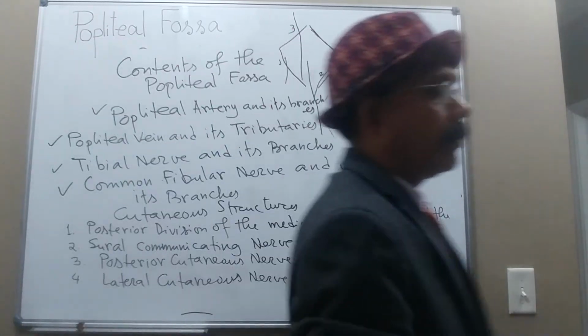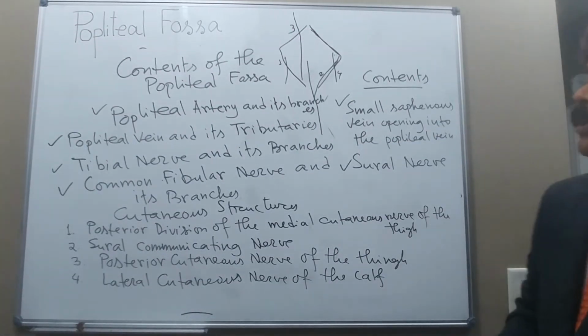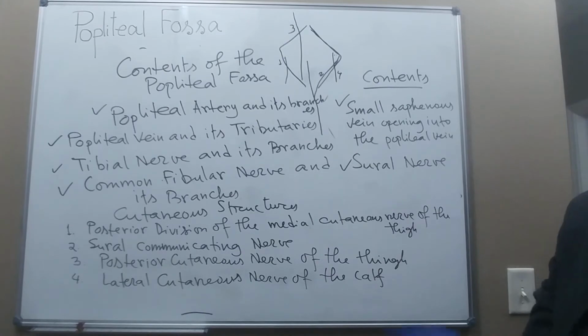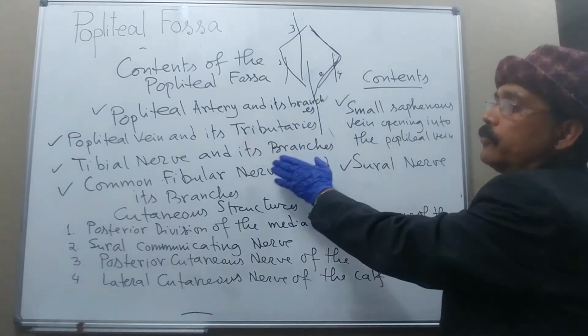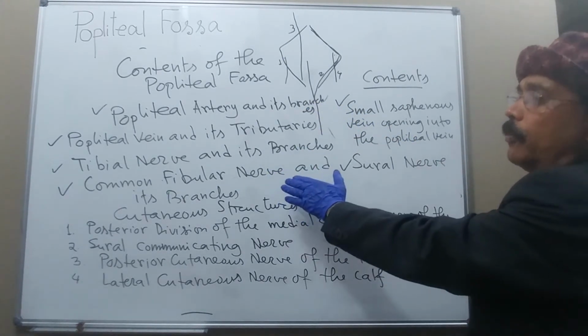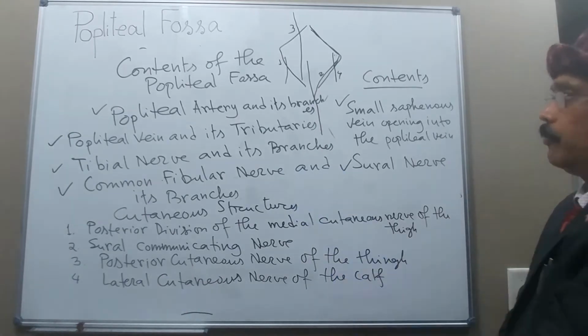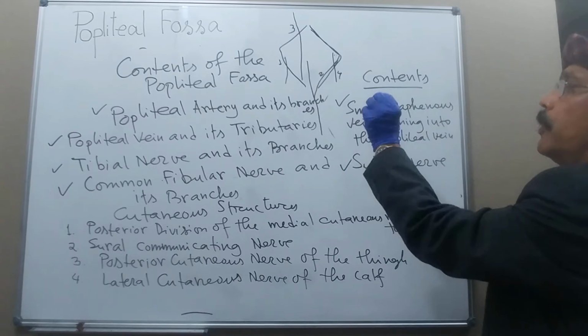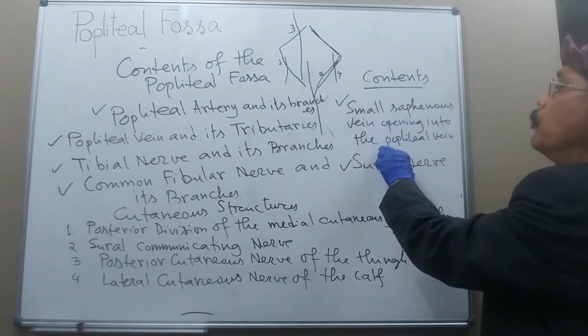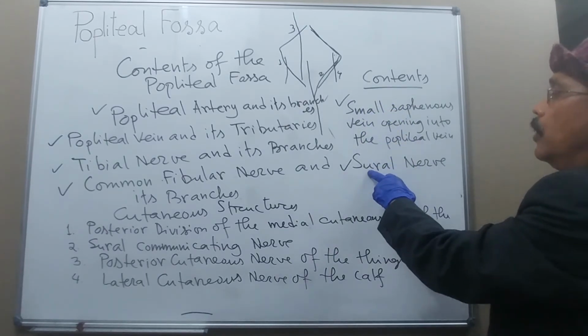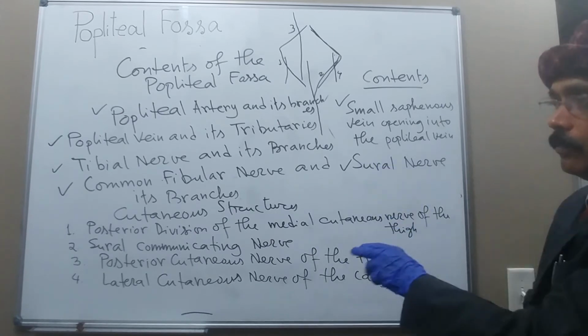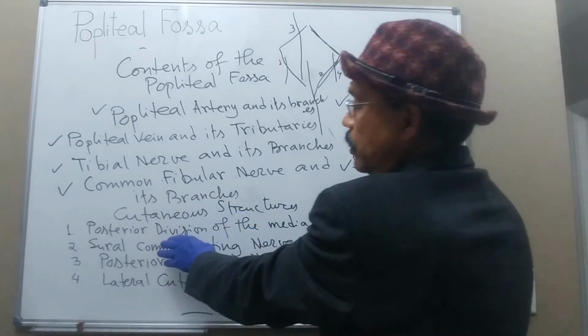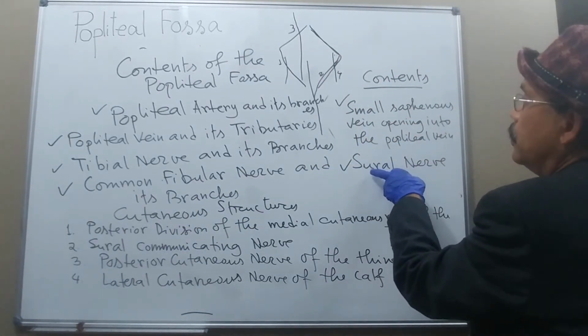So again, we'll summarize the content. Popliteal vein and its tributaries, popliteal artery and its branches, tibial nerve and its branches, common fibular nerve and its branches, and part of the small saphenous vein opening into the popliteal vein. Sural nerve is a branch of the tibial nerve. Sural nerve is also a cutaneous structure.